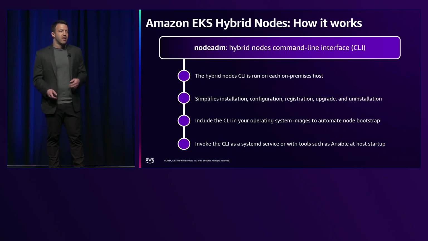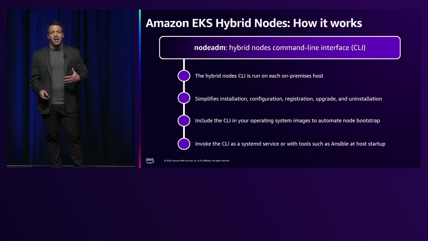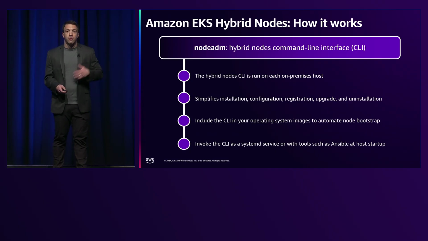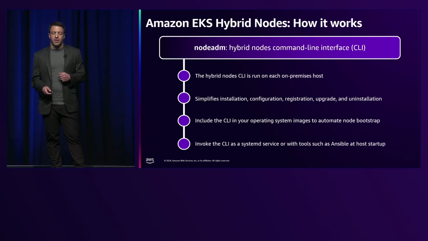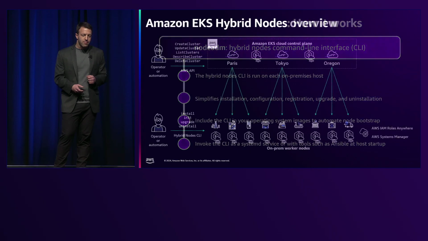And we integrated it with AWS Systems Manager and AWS IAM Roles Anywhere to streamline the process of authenticating your on-prem nodes to the Kubernetes cluster, the EKS control plane running in the cloud. To automate the initialization of your hybrid nodes to your EKS cluster, we recommend including Node ADM in your golden operating system images configured to run at host startup for your ISOs, OVAs, or other image formats.